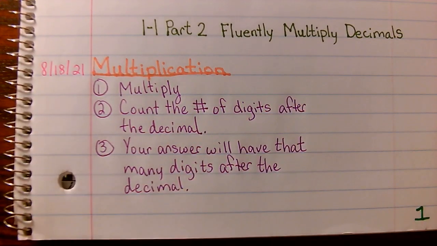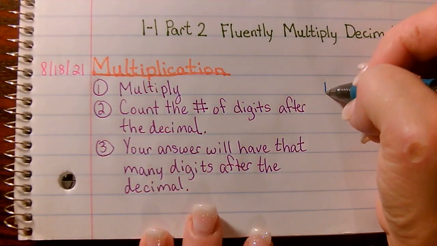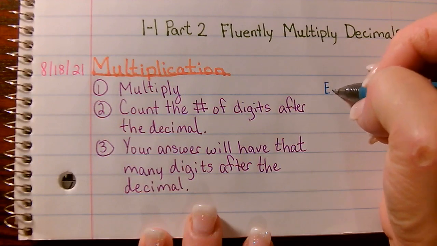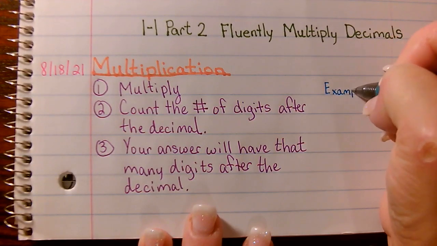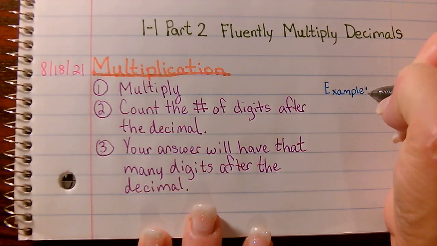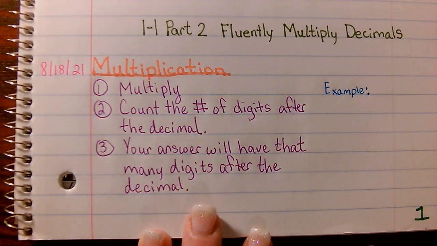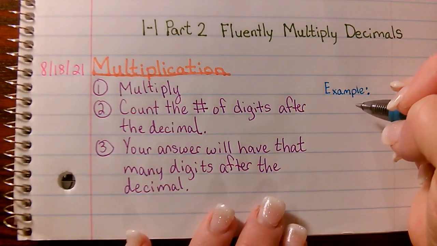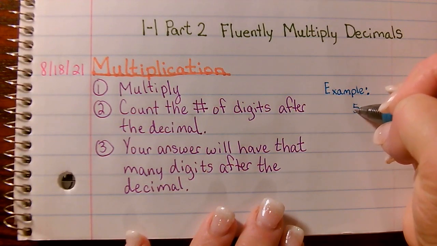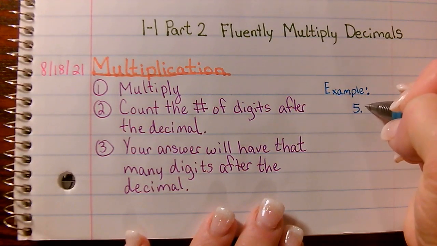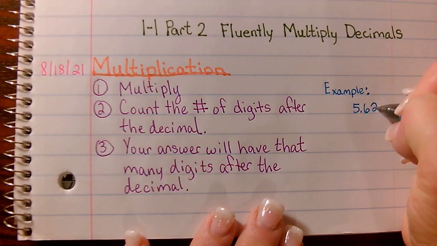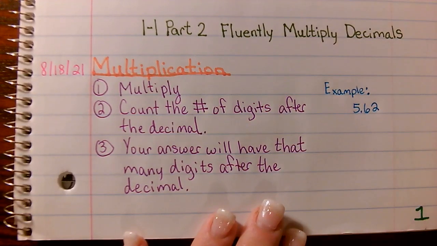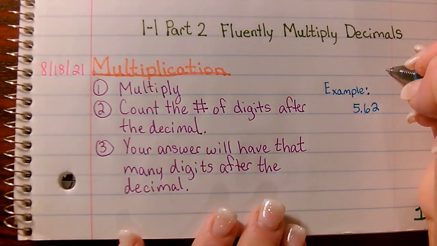Okay, now let's look at an example. Alright, so write out 5.62, okay, and then let me put a little star up here to remind you something.